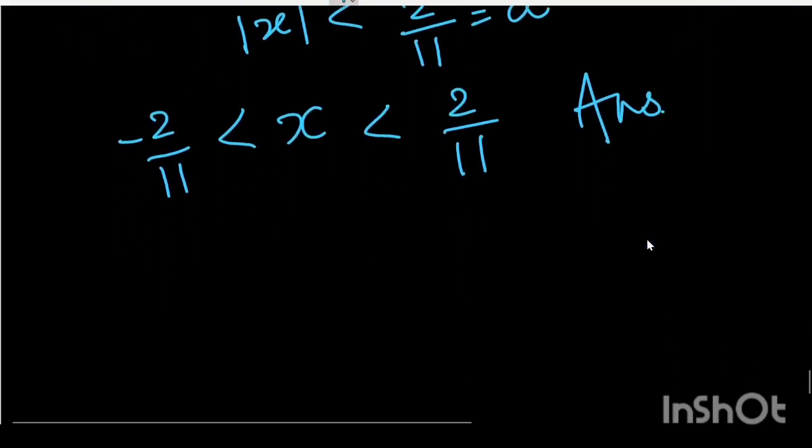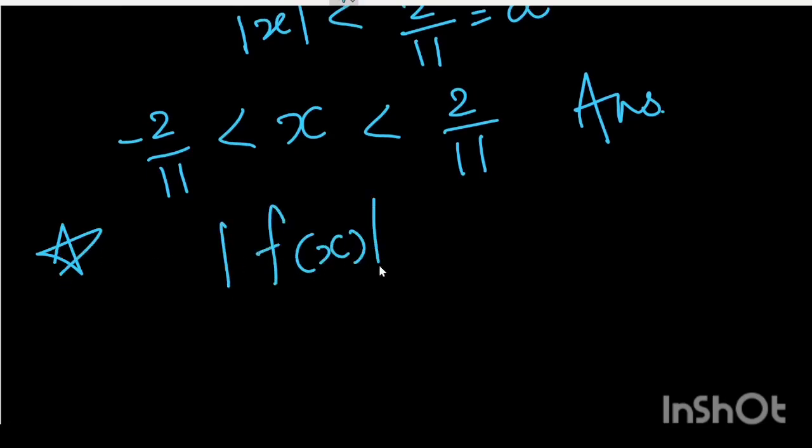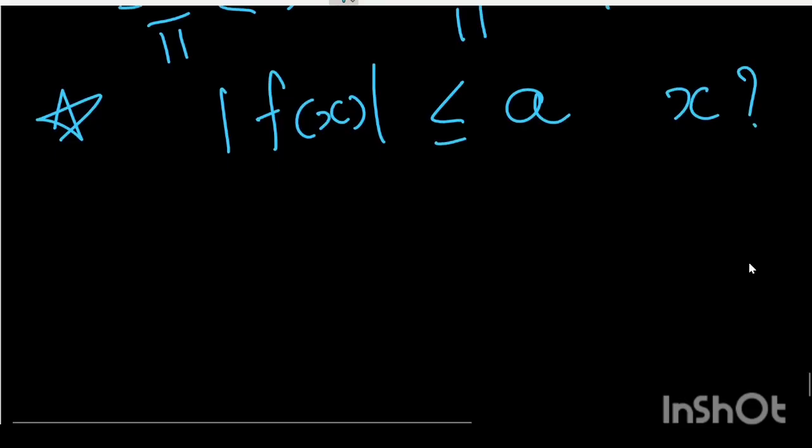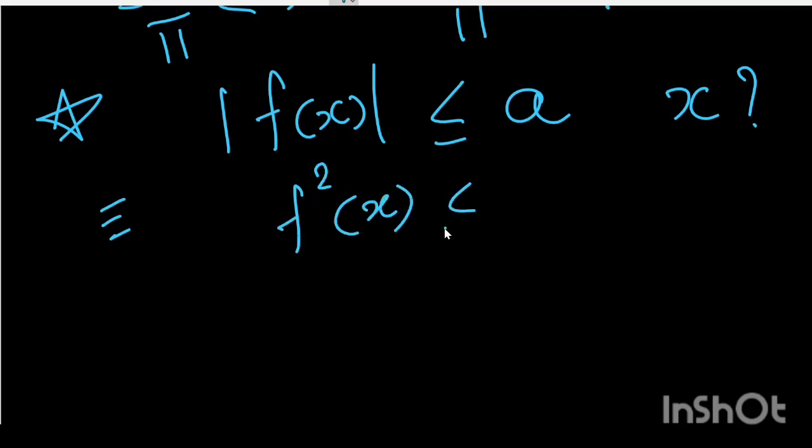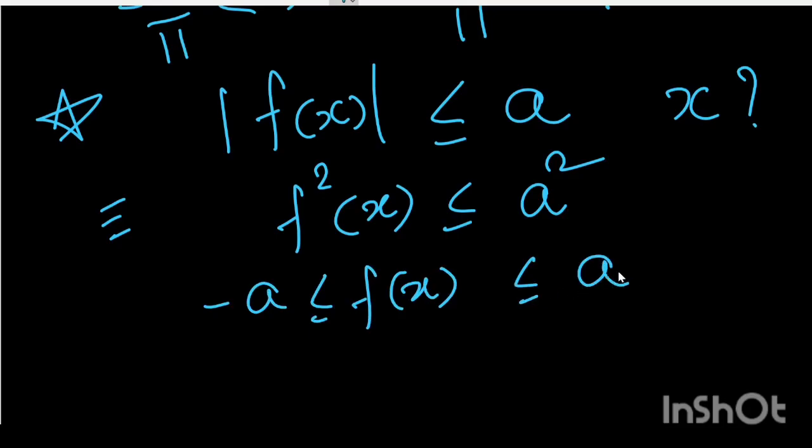Okay, so what if instead of x, it is f of x less than or equal to a? How do we get x? How do we proceed in this? So guys, yes, the same. If you square, this system is equivalent to f square x less than or equal to a square, which gives f of x from minus a to plus a.